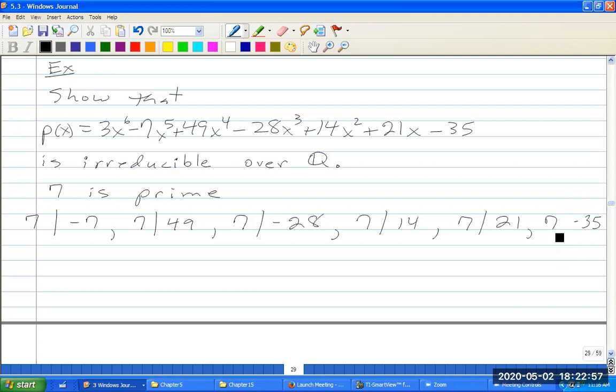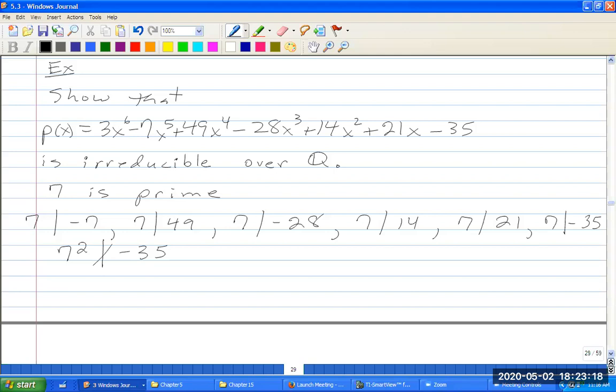So those were the criteria. Next, I want that 7 squared, 49, does not divide negative 35. Well, certainly 49 is not a factor of 35.